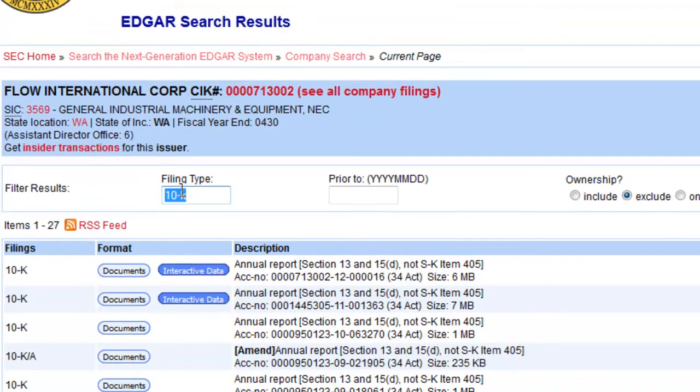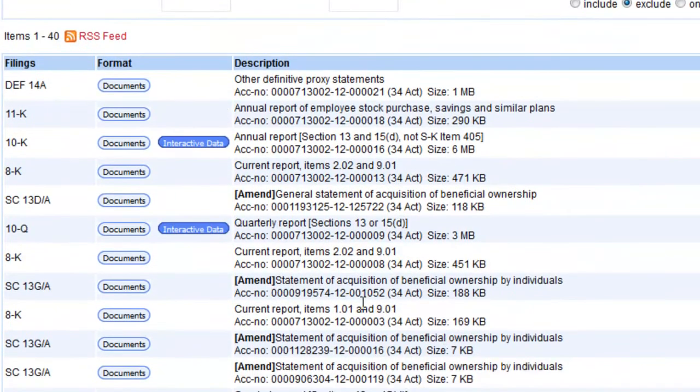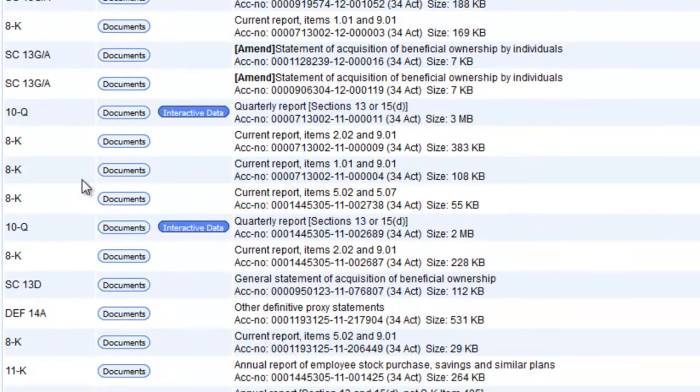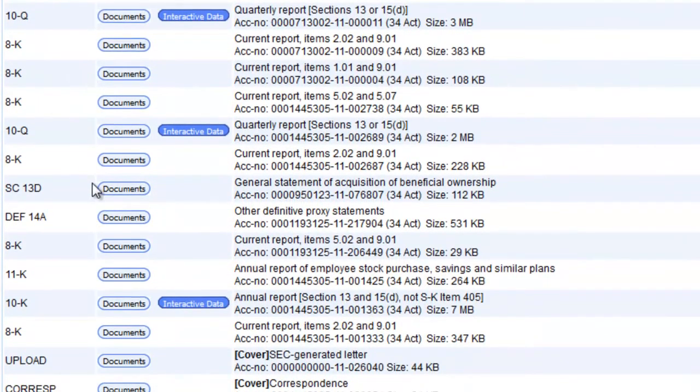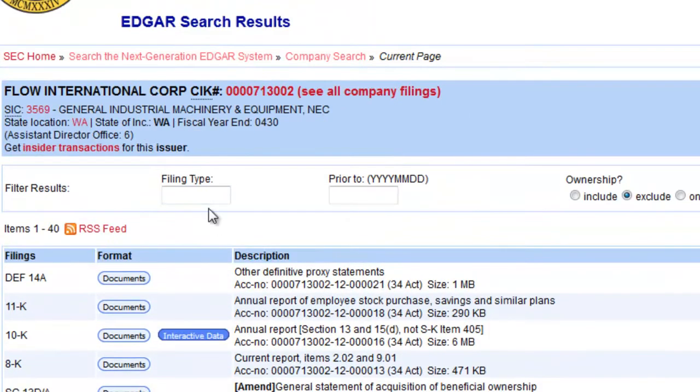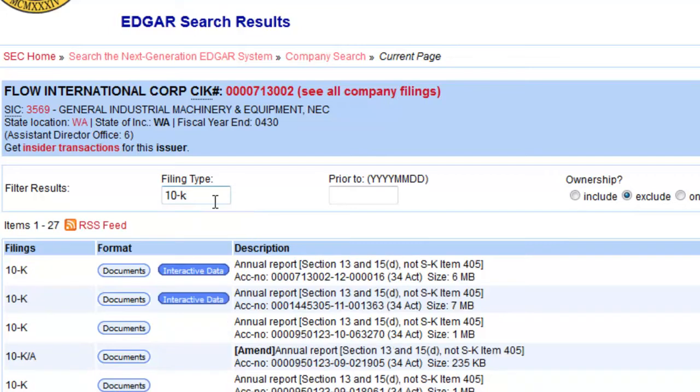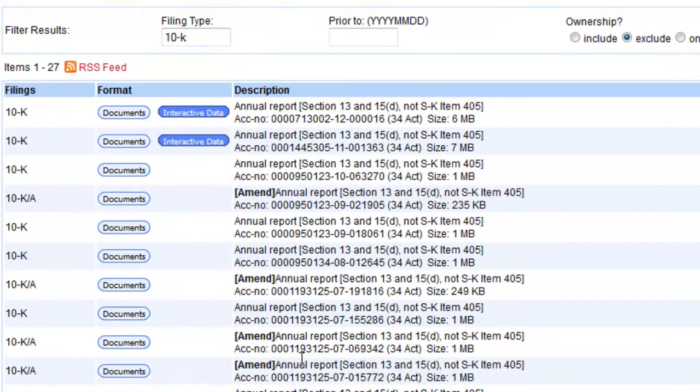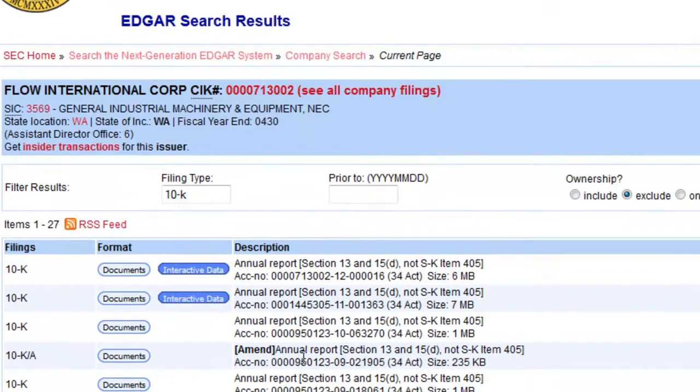Versus if I removed it and clicked on search, I would have to read this 10K, then go down through many different documents, and then click another 10K, and it would just take forever to go one by one. But by typing 10K into the filing type, I can just narrow down my search only to 10K documents.